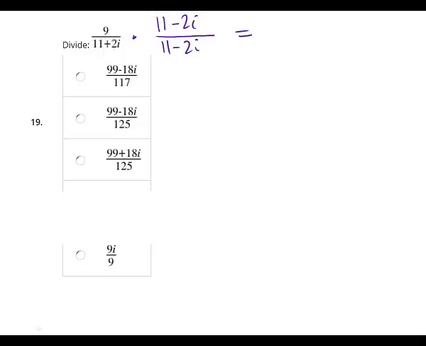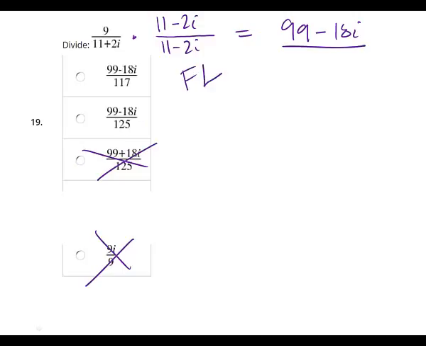I'm going to distribute, look at the numerators. I'm going to distribute the 9, right? So 99 minus what? 18i. All right, so it definitely looks like this one's out and this one's out. All right, on the bottom, the trick is, do I have to do all of FOIL? What do we have to do? First and last only.